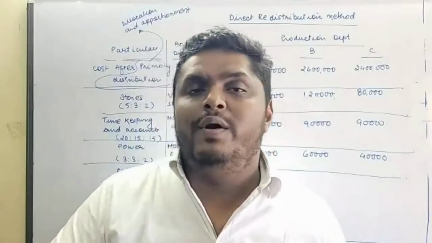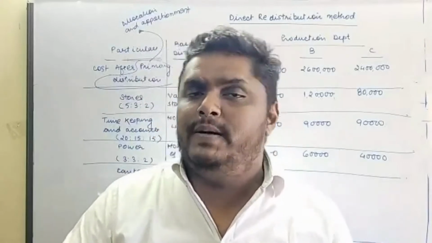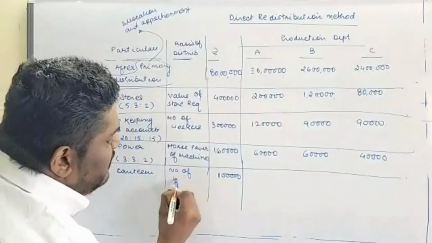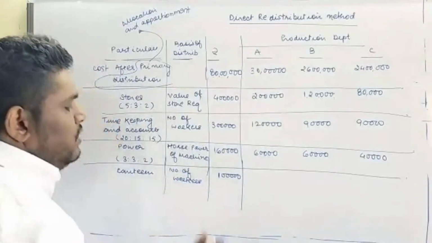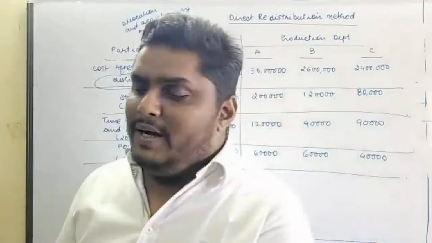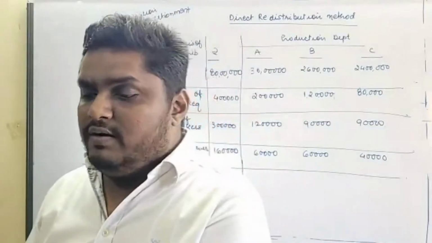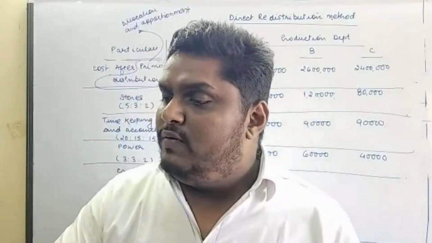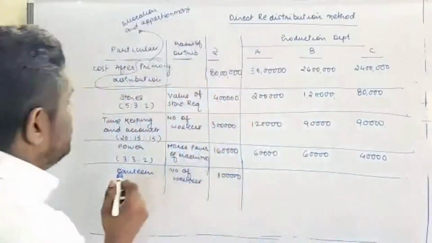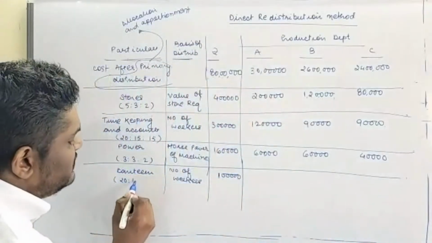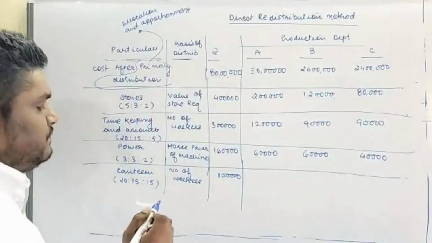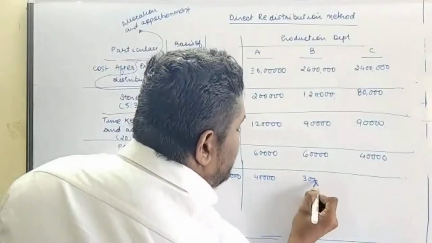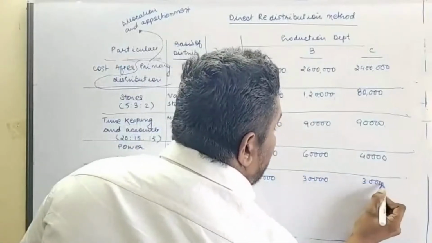So we will distribute the overheads of the canteen department to the production departments on the basis of number of workers, because these canteen services are availed by the workers who are working in the factory. The number of workers are 20, 15 and 15, so this will be distributed in the ratio of 20:15:15. So this will be 40,000, 30,000 and 30,000.